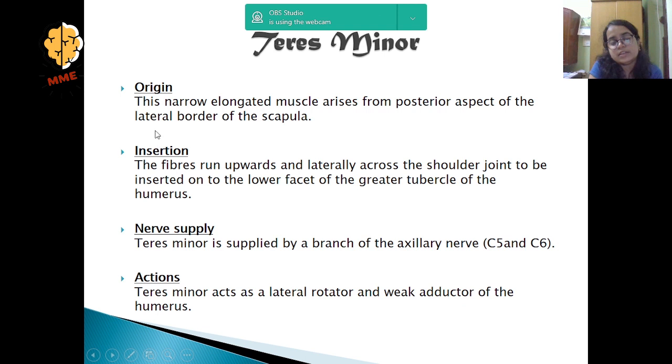And the insertion of the teres minor muscle takes place onto the lower facet of the greater tubercle of humerus, as I said before. Nerve supply, it is supplied by the axillary nerve, which is again, I think, a nerve of the posterior cord of the brachial plexus. Teres minor acts as a lateral rotator and weak adductor of the humerus.